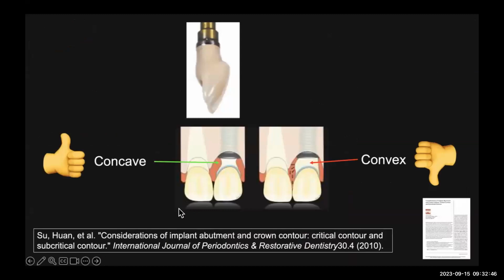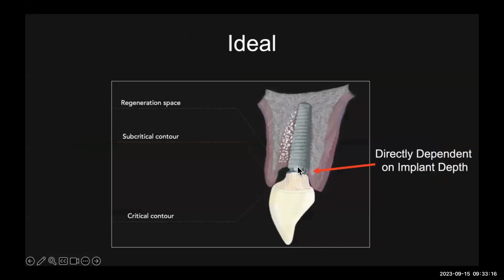It's not just one emergence profile, there are multiple components to it. And what Su found in all of his studies is that when you come off of the implant, ideally it should be a little bit concave. If you come off with it being convex, that pushes the tissue away, the patient can't get in to clean it, and that develops into peri-implant disease. So his recommendation, through studies, was that you want it concave right off the bat, similar to this.